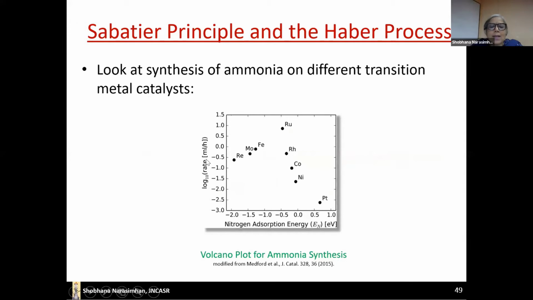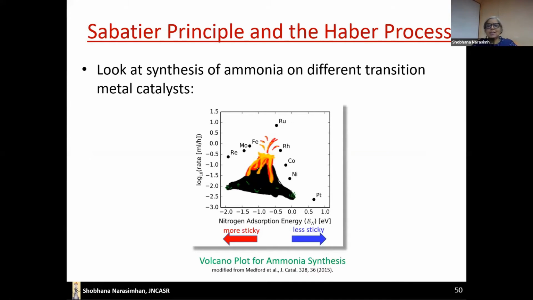On the y-axis is the rate of the reaction, how good a catalyst it is, and on the x-axis is the adsorption energy of nitrogen, which is a measure of the stickiness of the catalyst. This is what is called a volcano plot.